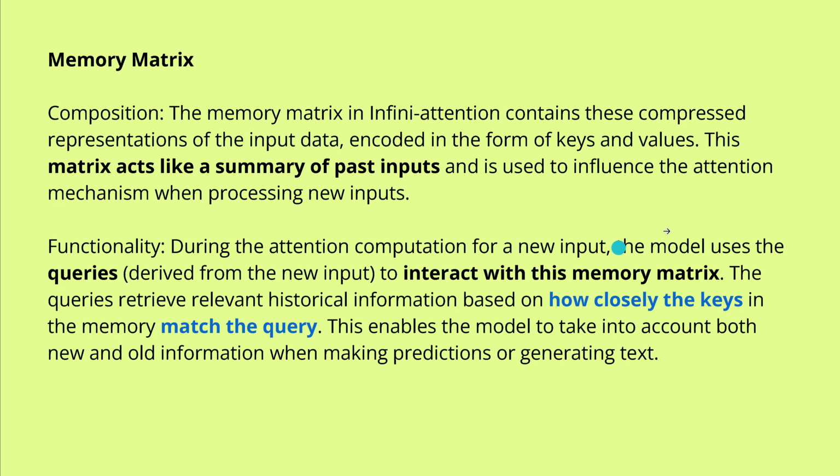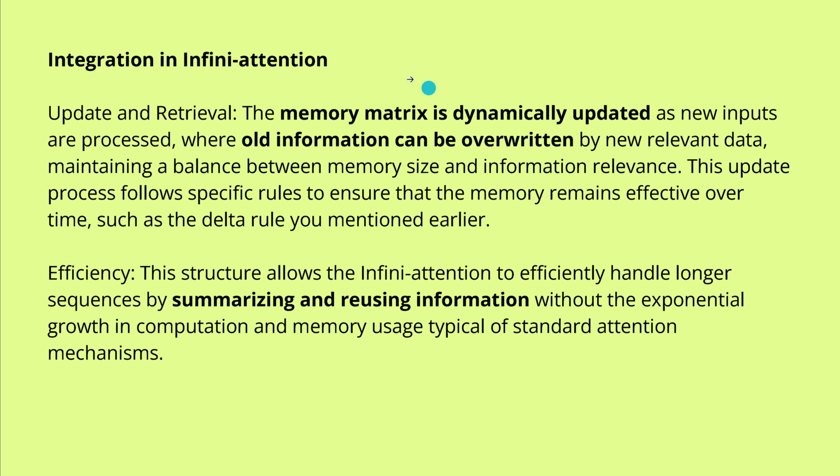Beautiful. And then the integration and the complete attention mechanism: the memory matrix is dynamically updated each segment step as new input is processed, and the old information can be overwritten because we only have a limited amount of matrix that we can use as temporary storage. So whatever is now the most important, there's a delicate balance between the memory size and the information relevance that we want to store.